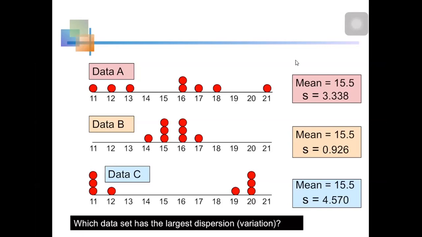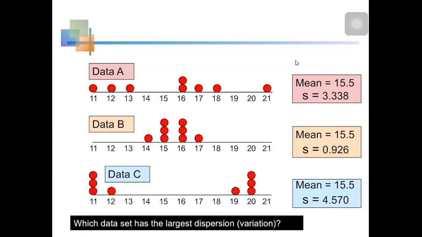For data A: 11 plus 12 plus 13 plus 16 plus 16 plus 17 plus 17 plus 21, divided by 8, will give 15.5.